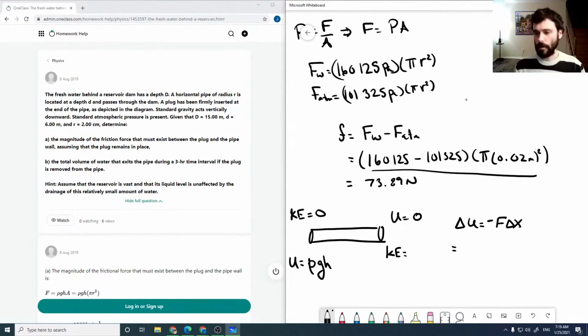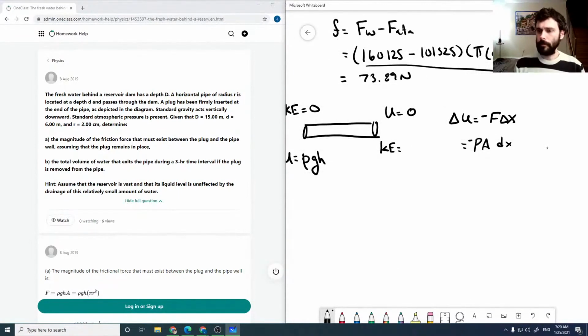Oh, right, it's just the friction essentially, but the negative of it, so it should just be 73.89 newtons. Oh wait, I shouldn't go off script too much here. So it's just F delta X, and our force is just our pressure times our area, dx. Oh, right, now I see. Okay.